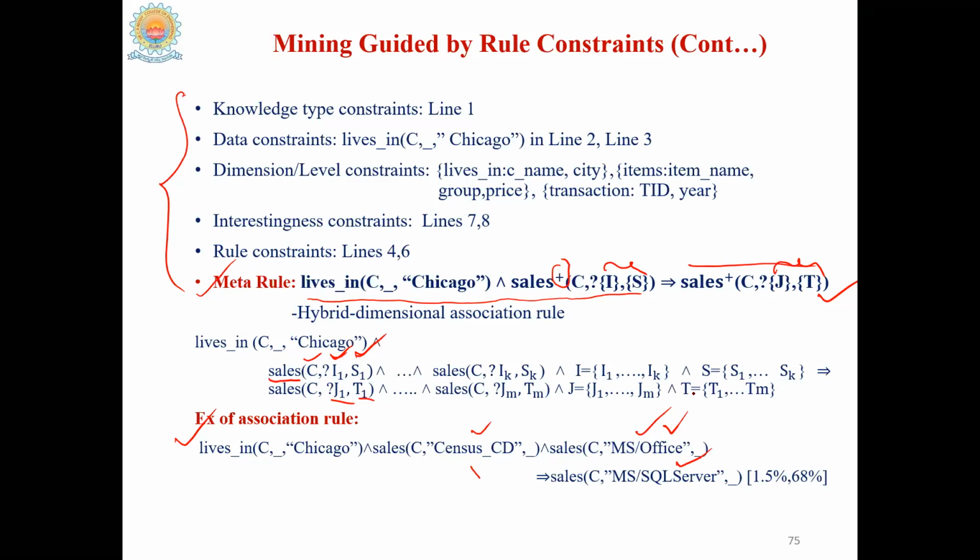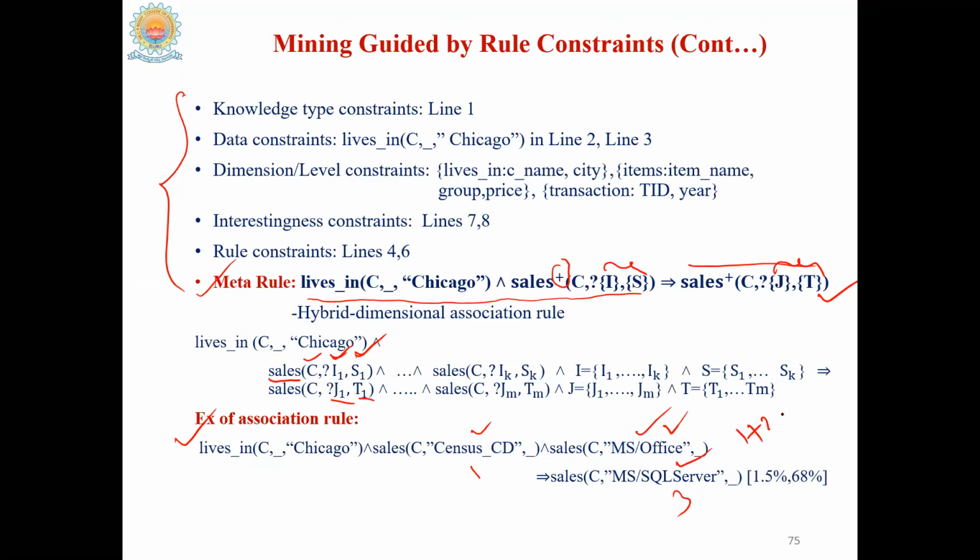So if at all the customer purchases the items together, census CD and MS Office, he is most probably going to purchase the SQL server, where the cost of the census CD and MS Office together is less than what's the criteria there? What's the condition? Less than 100.